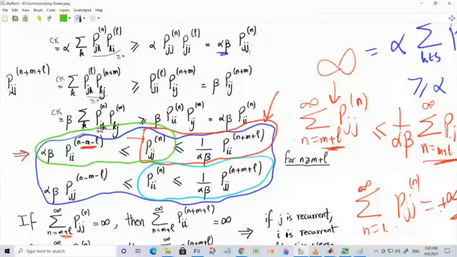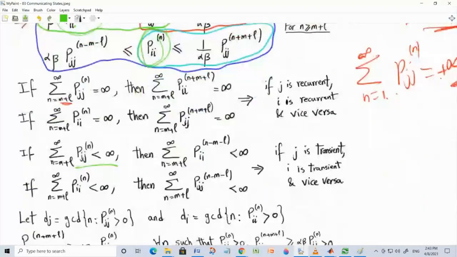And this summation is an upper bound on the summation for I. So this summation will be finite and I will be transient. Also, if I is transient and you do the summation, if this sum is finite, then the other sum with respect to J will be finite. So what is the conclusion now?